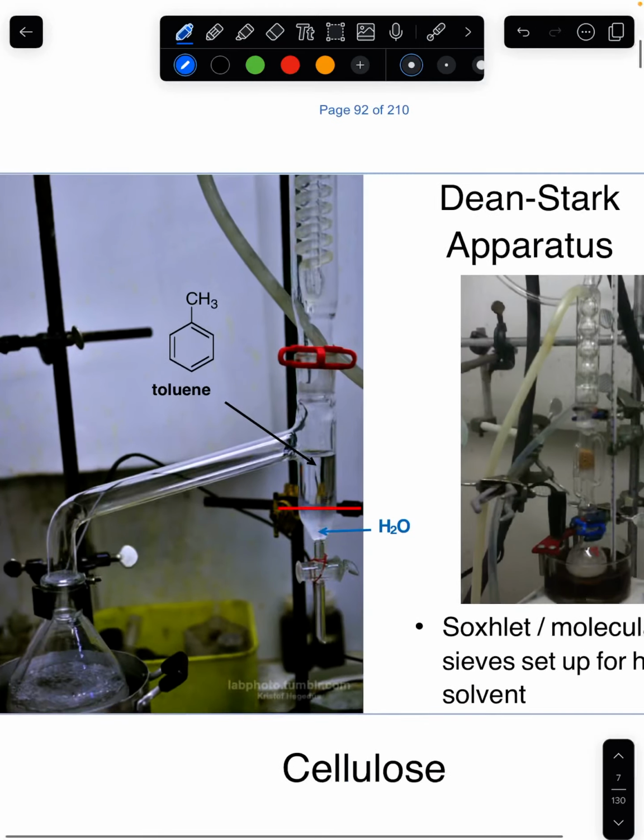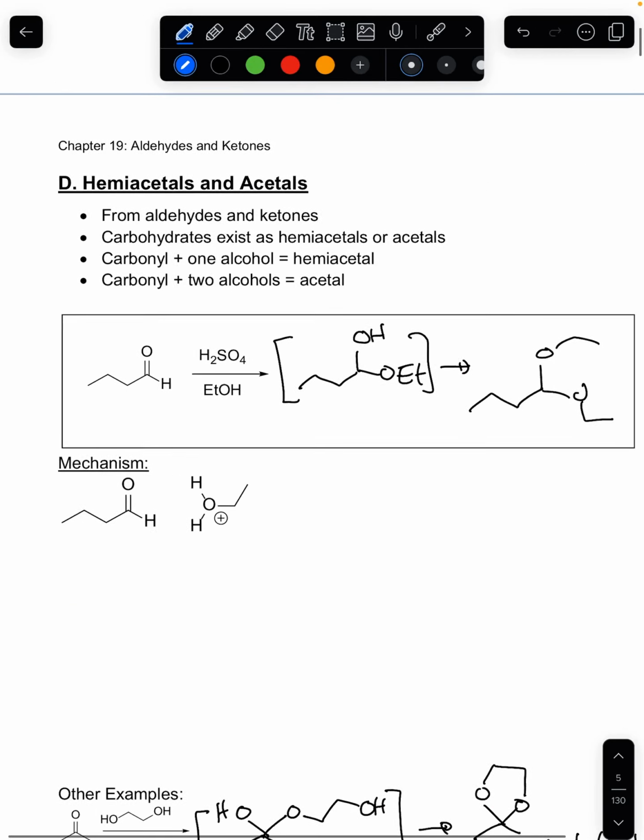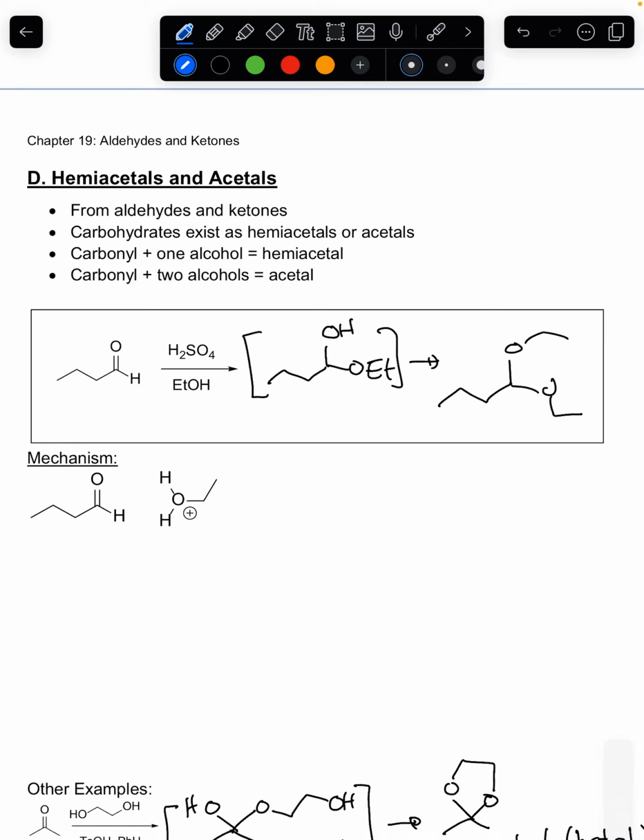Now, just to talk about this picture here, remember earlier we talked about how water here is a byproduct, right? And so one of the ways you could drive the equilibrium to the product side will be that you can remove another product like water.